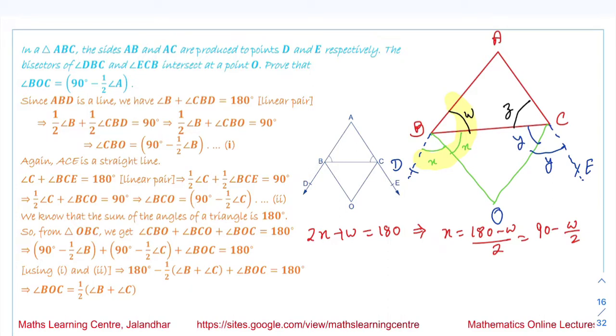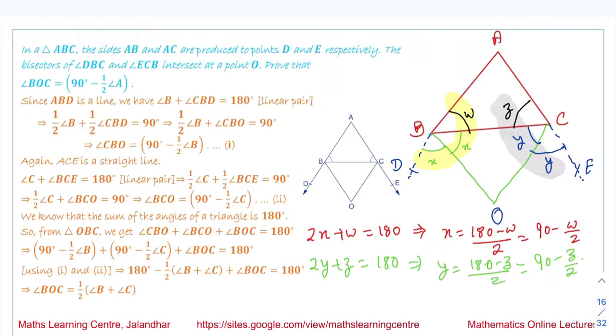Similarly, from these three angles we have 2y plus z is equal to 180. So we will get the value of y is (180 minus z) over 2, that is 90 minus z by 2. So these are the values of x and y we have.